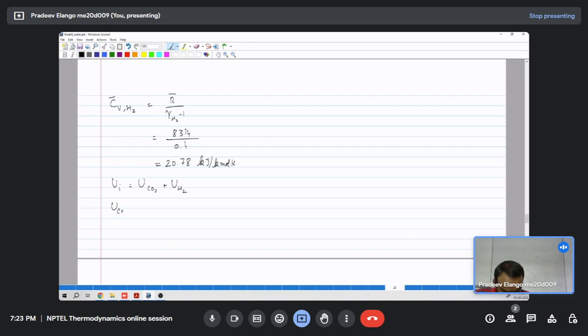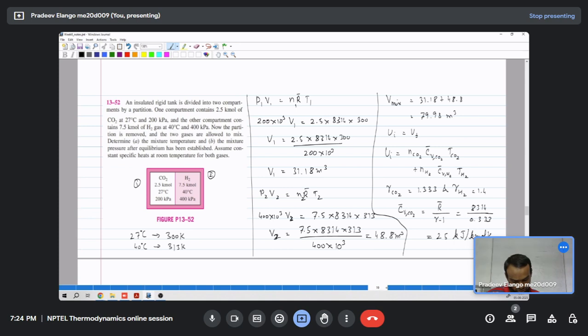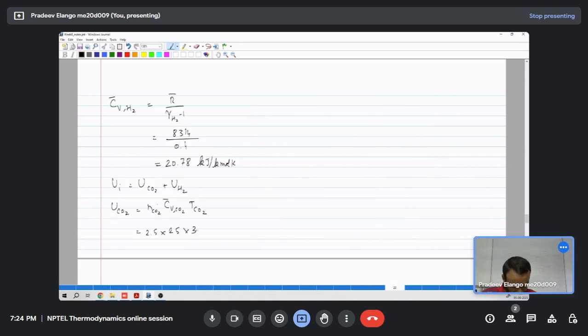So internal energy of CO2 is n_CO2 Cv of CO2 on molar basis into temperature of CO2, that is 2.5 kilomole into Cv of CO2, 25 kilojoule per kilomole Kelvin, and temperature is 300 Kelvin. That is 18750 kilojoule in total.